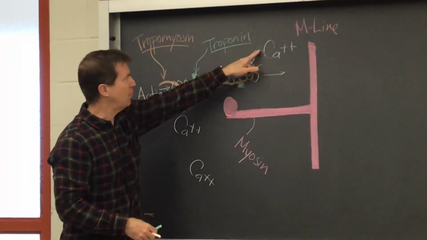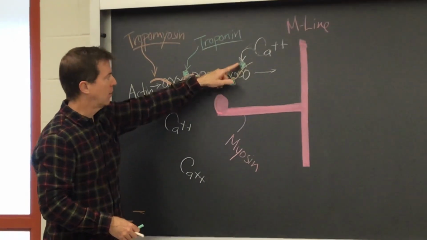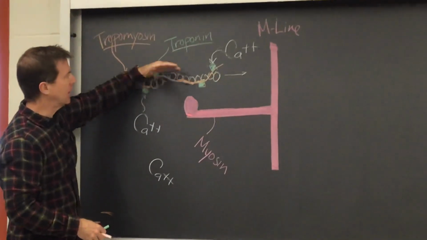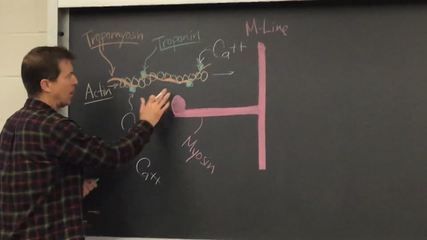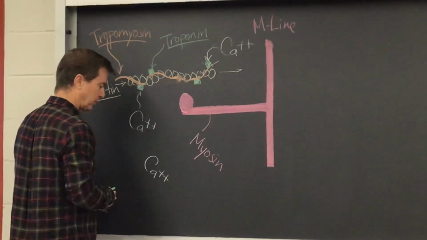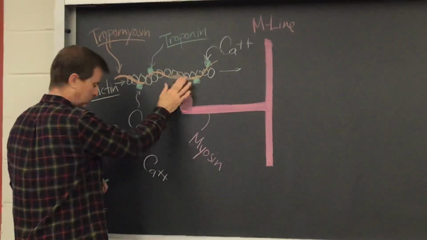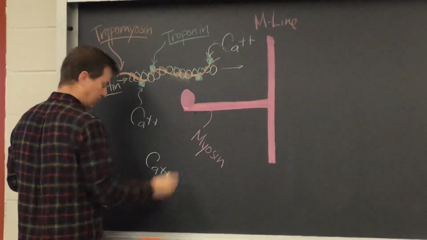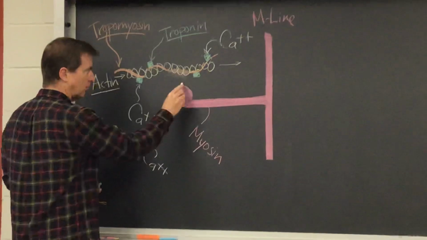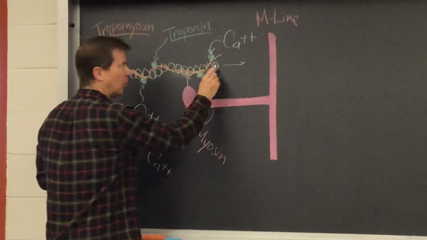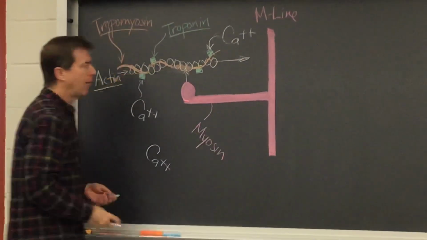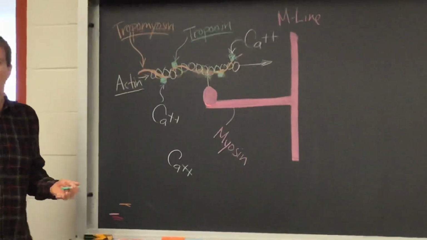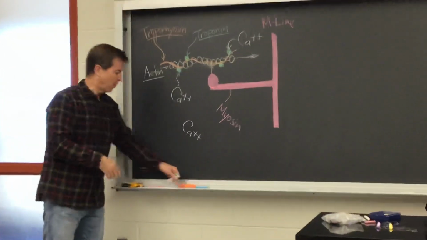So when calcium binds to troponin, tropomyosin lifts off of actin so that myosin can now bind to actin. Myosin binds to actin and pulls it toward the M line. We call that the power stroke of muscle contraction.